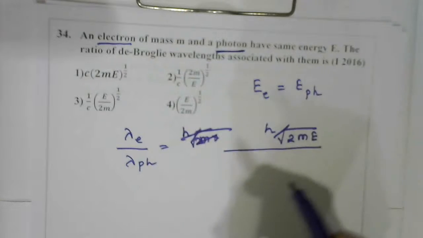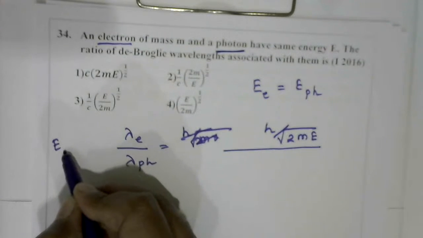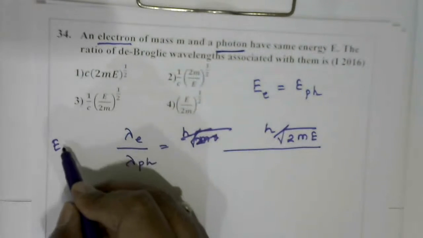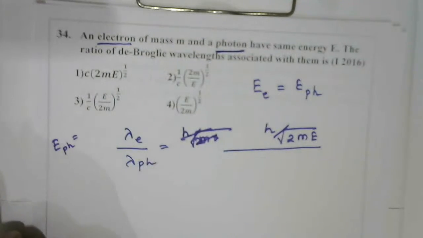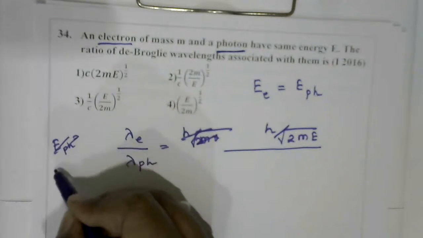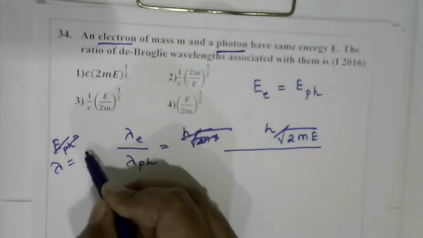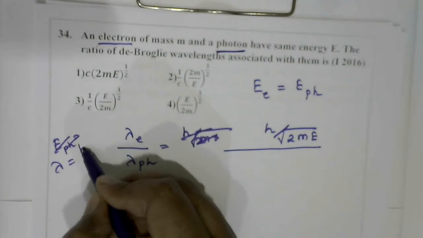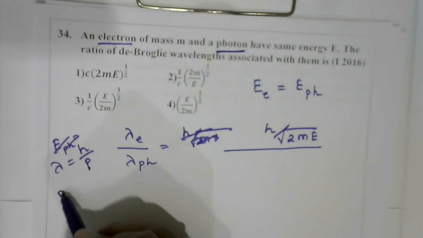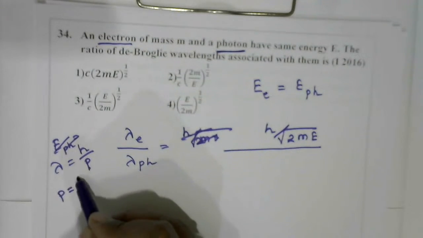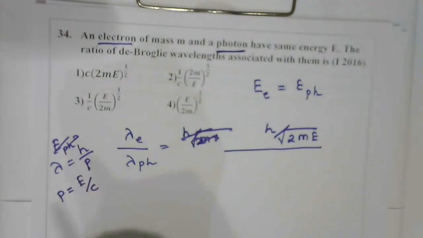So energy of the photon is given by what? But we are working for wavelength. So what is the wavelength? We can write lambda equal to h by p itself. But momentum of the photon, hope you remember, you have it as E by c there.